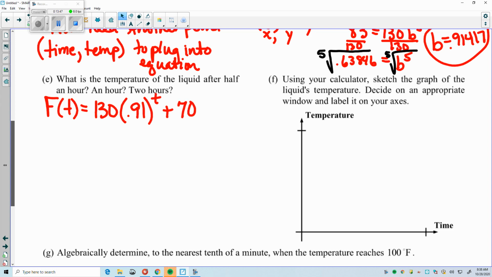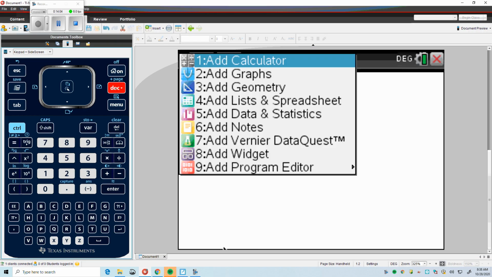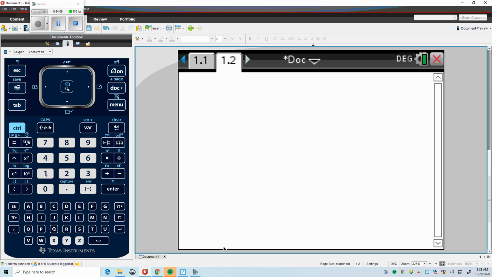Now, knowing that equation, if they're saying after a half an hour, we have to think, well, what's going to happen at 30 minutes? So we could go to the calculator and plug this in. So if I were to use that equation, we'd have 130 times 0.91.